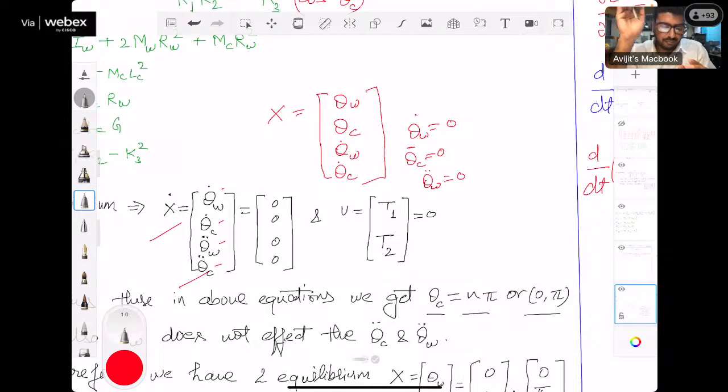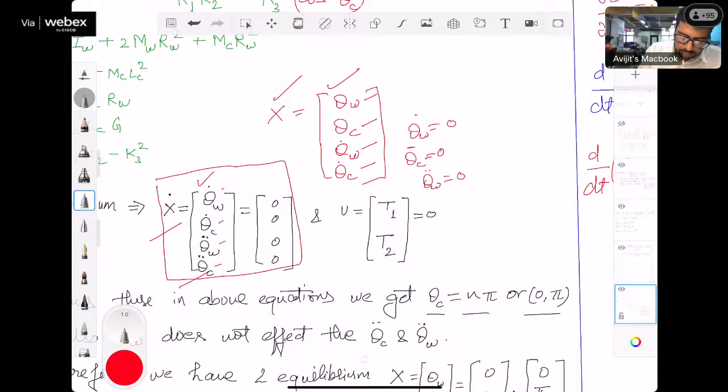That means x dot, where x is the state matrix with states ordered theta w, theta c, theta w dot, theta c dot, becomes 0. So theta w dot equals 0, theta c dot equals 0, theta w double dot equals 0, and theta c double dot equals 0.